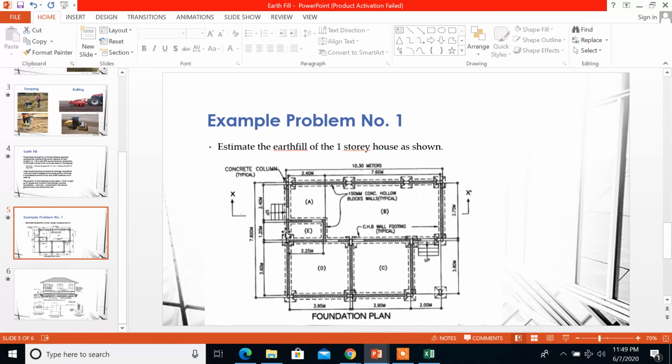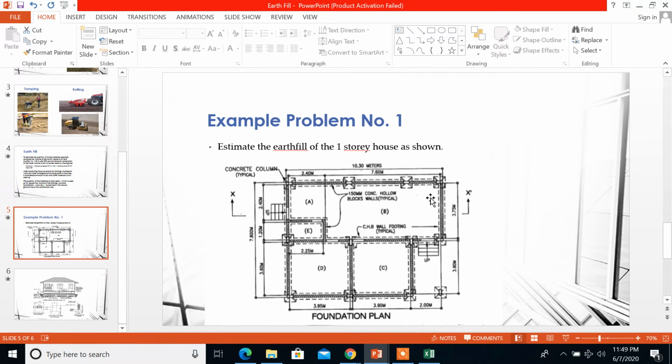So what is the length of our CHB footing? Based from the foundation plan, 10.3 plus 7.8 plus 3.95 plus 3.9 plus 3.6 plus 2 plus 3.75.